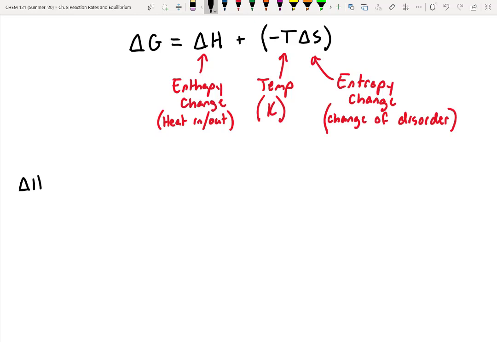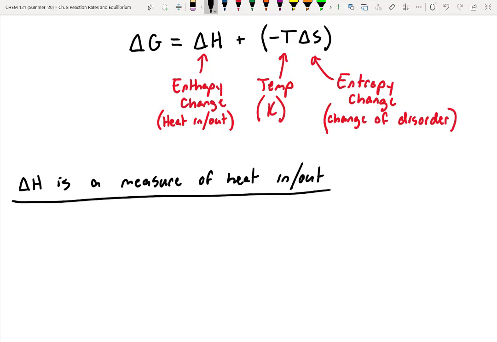And like I said, delta H is a measure of heat in or out. And it's actually not too bad to remember. So first things first, delta H is negative if the reaction is exothermic. And what does that mean?